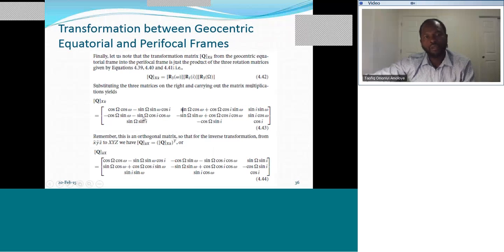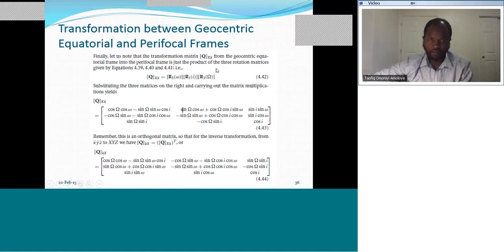So finally, let us note that the transformation matrix from the equatorial plane to the perifocal frame, that is Q, big X to small x bar, is just the product of the three rotation matrices given by equations 4.39, 4.40, and 4.41. That is equation 4.42.